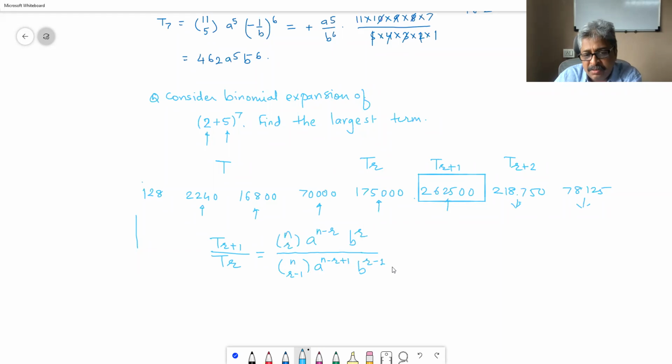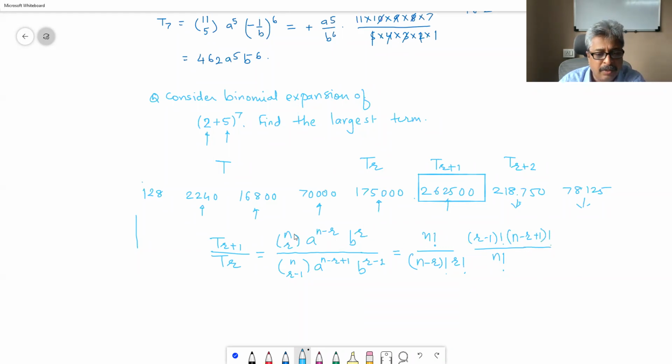But I think we can simplify this a bit, which is going to be easy for us to remember. This is n factorial upon (n minus r) factorial into r factorial, into a raised to... Let us do the denominator: n factorial into (r minus 1) factorial into (n minus r plus 1) factorial.